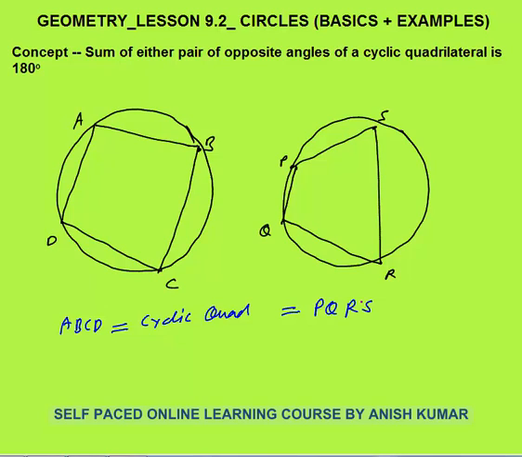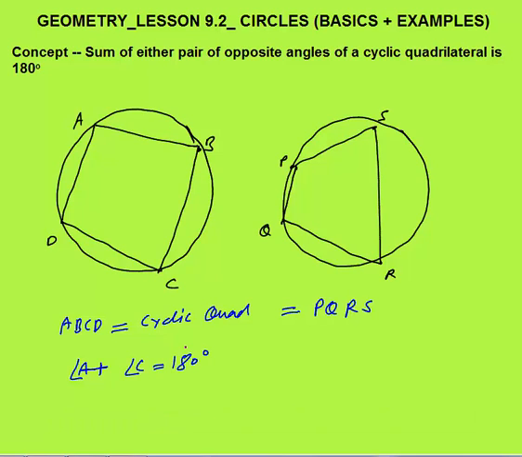The concept I want to discuss is that the sum of either pair of opposite angles in a cyclic quadrilateral will be equal to 180 degrees. So angle A plus angle C will be equal to 180 degrees, as well as angle B plus angle D. For any type of cyclic quadrilateral, the only condition is that the quadrilateral must be cyclic, meaning all four vertices lie on the circle.